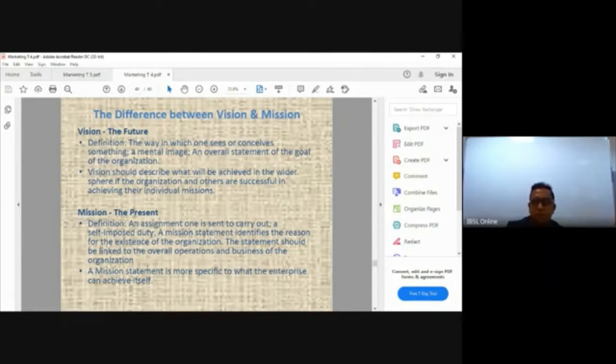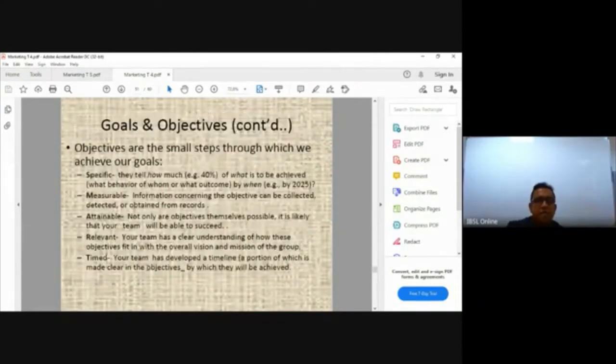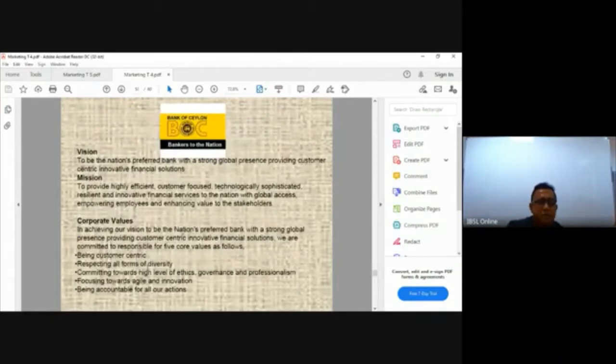Most banks also have values in addition to their vision and mission in the annual reports. I want you all to go through your annual reports and check whether the vision and mission were recently changed or updated. If you find any changes, please tell me next week, and I can adjust it.